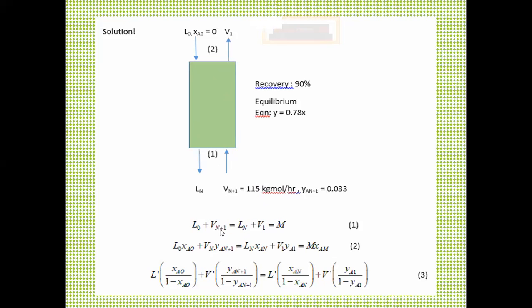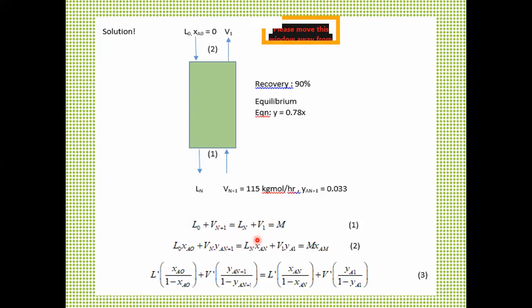Now, if we start with the material balance, we have to start with the overall material balance. We have to equate the sum of the phases that are entering our equipment, in this case L0 and V sub n plus 1, to the sum of the leaving phases.